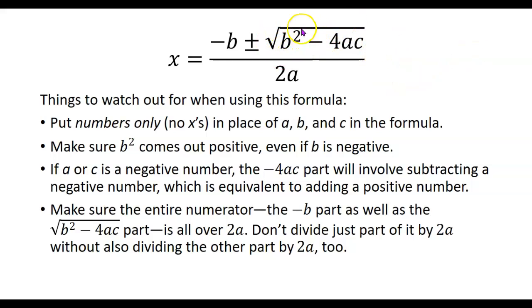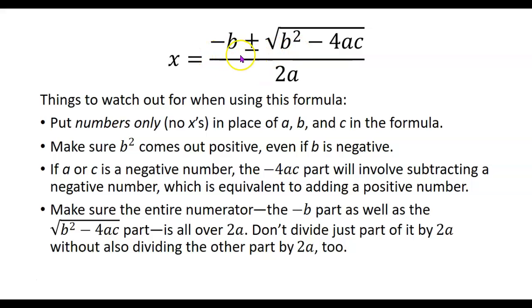In this part of the formula where you have b squared, make sure that always comes out positive. Even if b is a negative number, squared should be positive. Sometimes A or C is a negative number, and if that happens, then you're going to be subtracting a negative, which is the same as adding a positive.